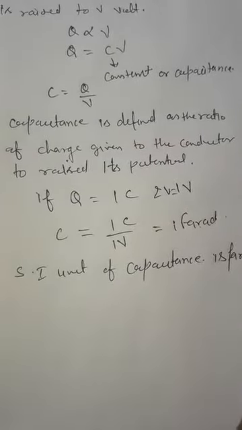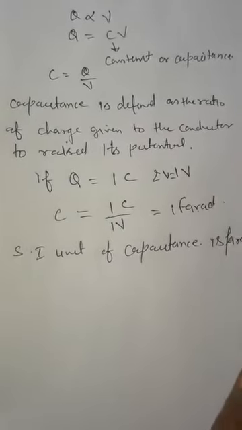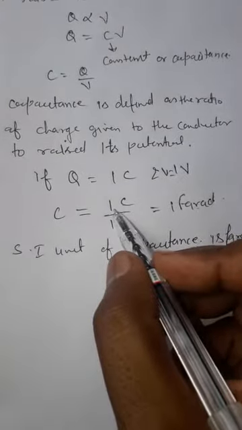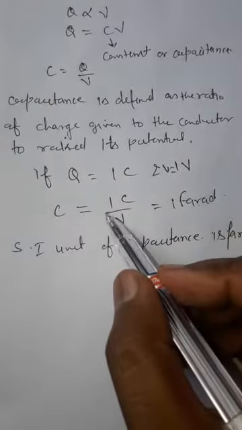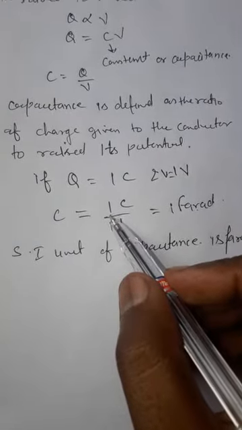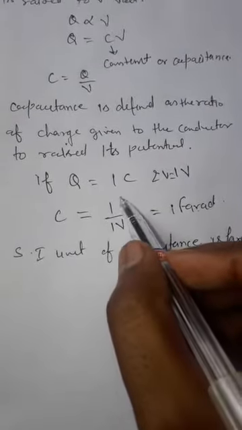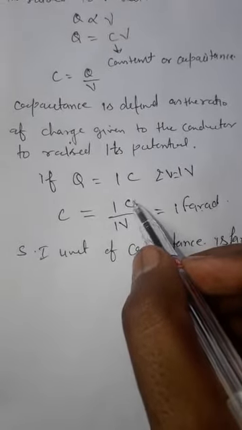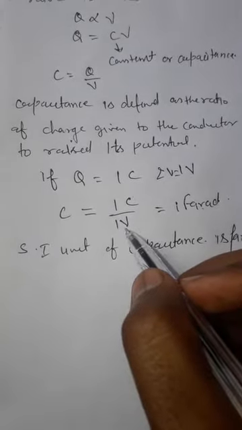Okay, now 1 farad is defined from this formula, that is 1 farad is the capacitance when 1 coulomb of charge is given to a conductor, and this charge raises the potential of the conductor by 1 volt.